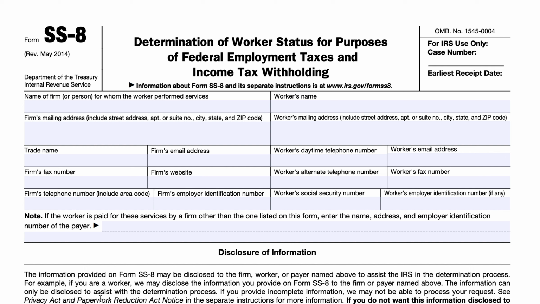Over Form SS-8, the determination of worker status for purposes of federal employment taxes and income tax withholding.